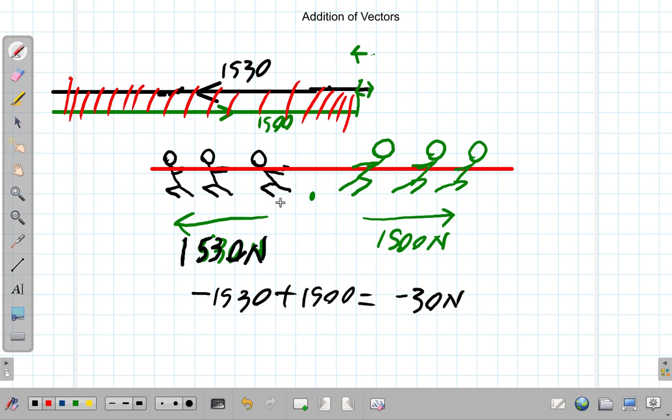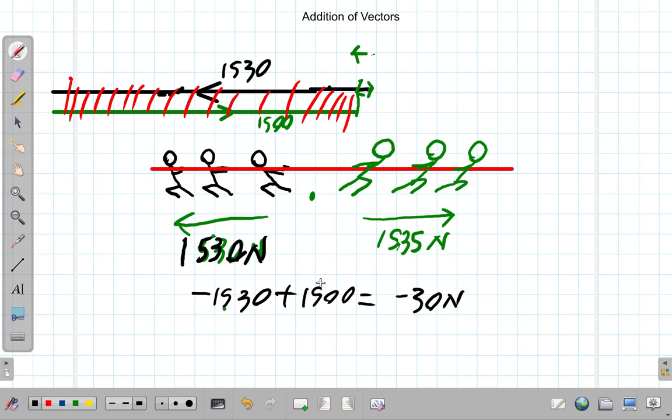Now, if the green team pulling to the right, if they are able to muscle up really hard to pull and maintain more than 1530 newtons, for example, they're able to muster up enough strength to pull with 1535 newtons, then they will win, because they will be 5 newtons more than the black team pulling to the left with 1530 newtons.